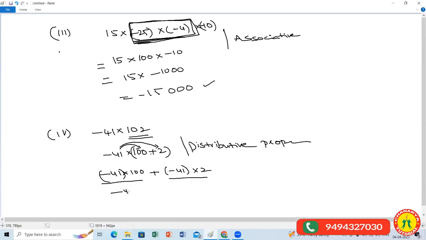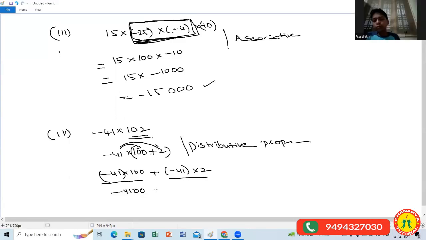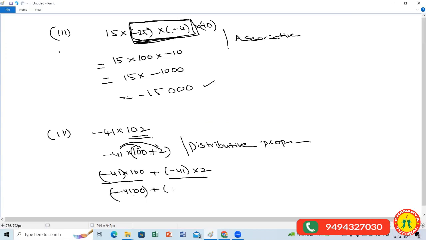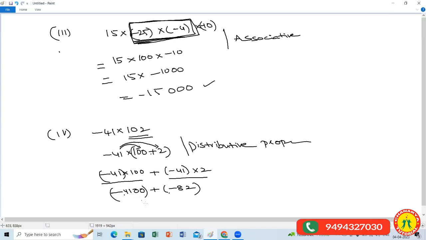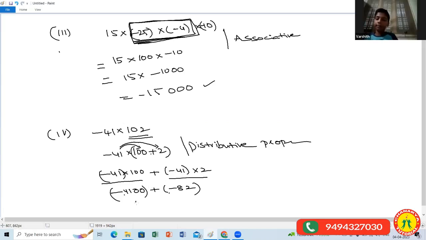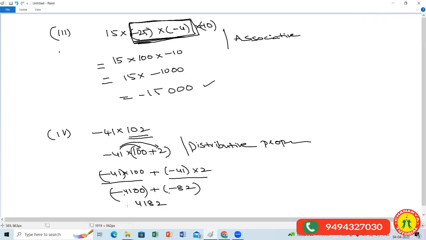Negative 4,000 plus negative 82. If both are the same signs, what should we do, Varshit? We should add them. Add up, what is the answer? Negative 4,182, ma'am. Very good, that's all.